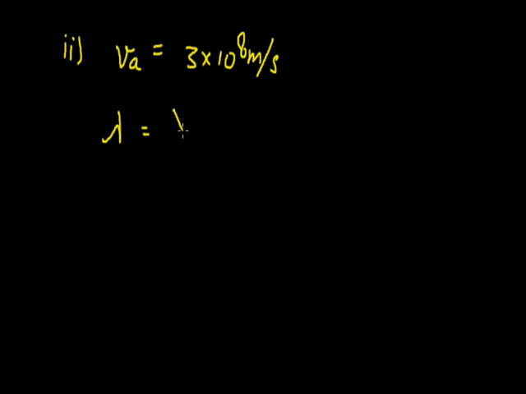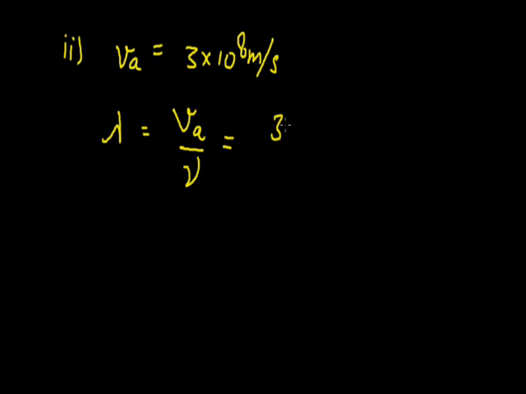So let's now calculate the speed and the wavelength for the air. Now for air, we know the speed Va is equal to 3 into 10⁸ meter per second. So the wavelength can be calculated by the formula Va upon frequency of light, as the frequency is not changing for the media.